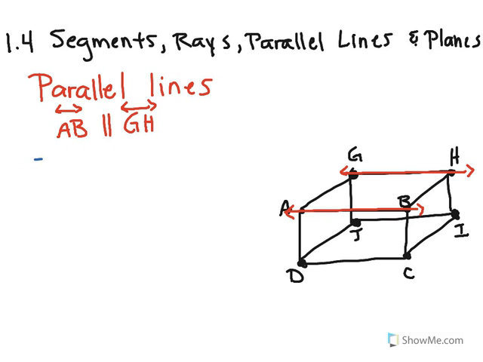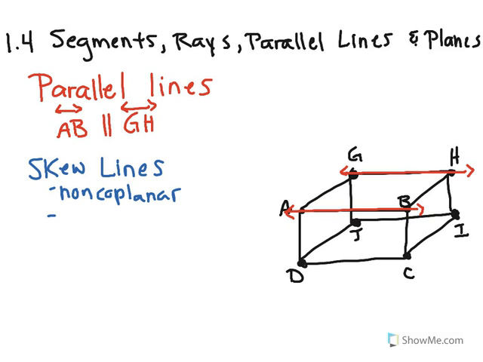Another thing that we have are called skew lines. And skew lines are kind of tricky at first, but you will get used to them. Skew lines are non-coplanar, and that means that they are not parallel, and they do not intersect.